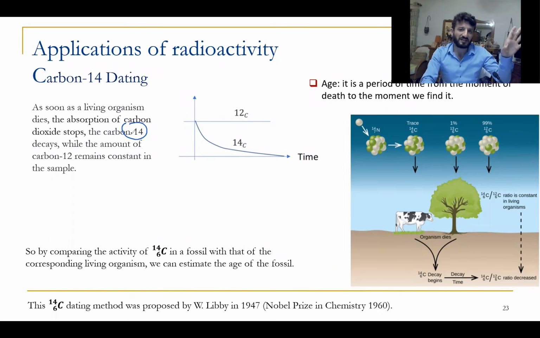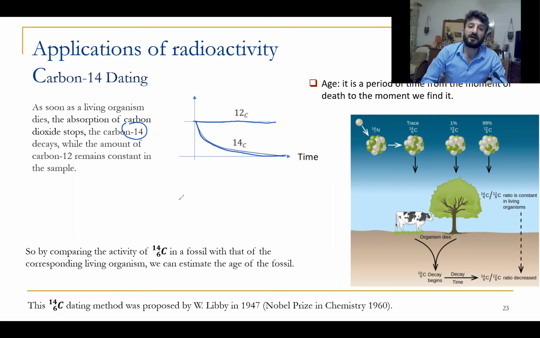The quantity of carbon starts to decay, as you see here with time, while the carbon 12 remains constant in the sample, in the object. During the time, we get the same value of carbon.